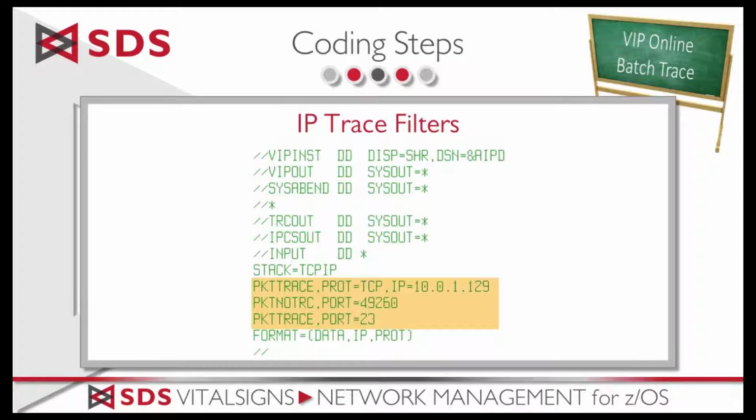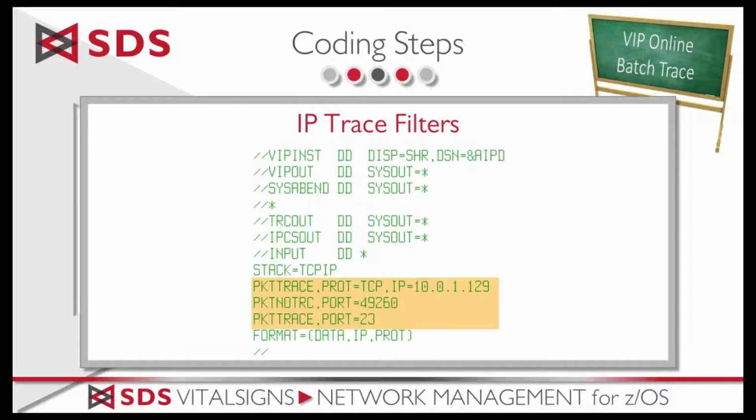For IP packet traces, define one or more statements to include or exclude packets. When multiple statements are present, filtering of each packet is performed by the order of the filter statements. Each packet socket trace entry is examined individually. If the traced entry contains IP address 10.0.1.129, it is selected and no other filters are examined in this case. If the trace entry does not contain an IP address of 10.0.1.129, the second filter is examined.